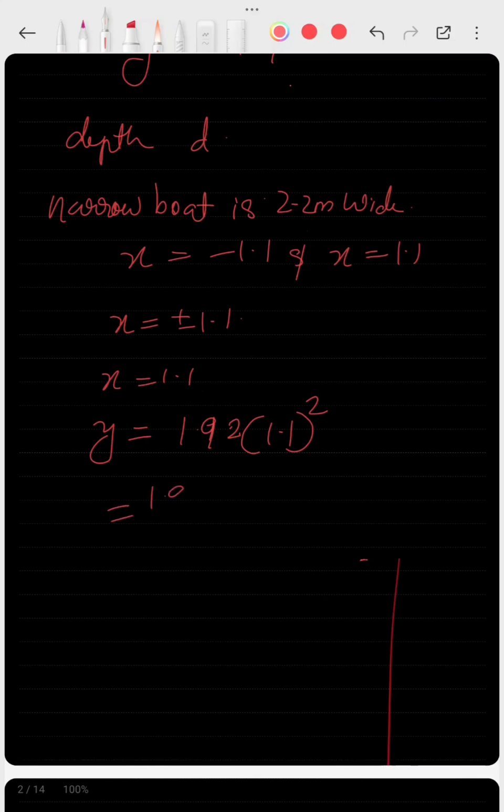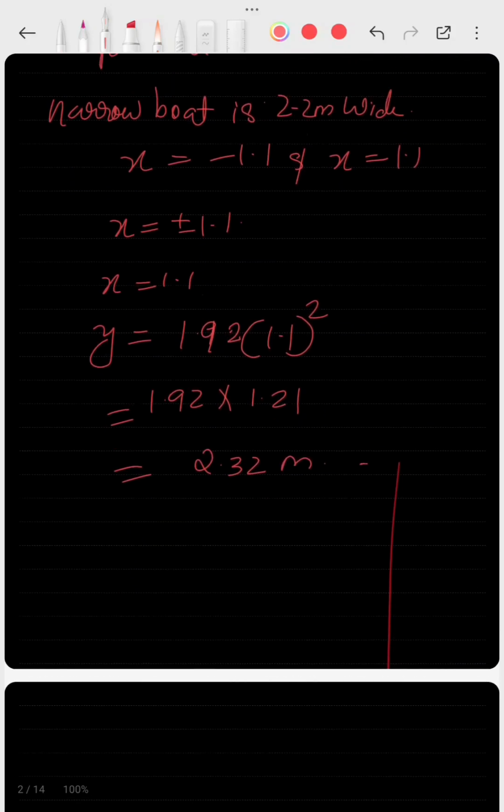We got 1.92 times 1.21, that is 2.32 meter. That means at a width of 2.2 meter, the canal's depth is 2.32 meter from the deepest point C.